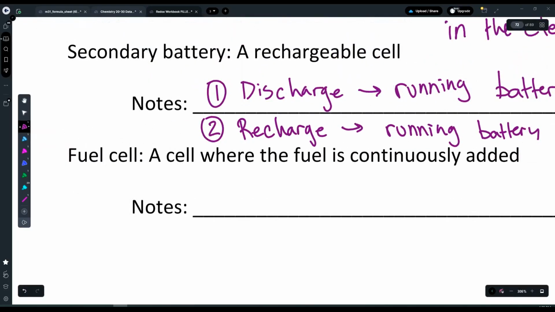Your fuel essentially undergoes a redox reaction to produce electrical energy.